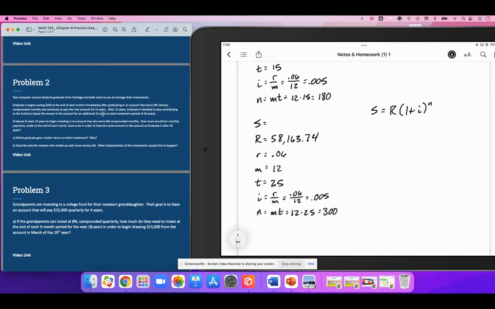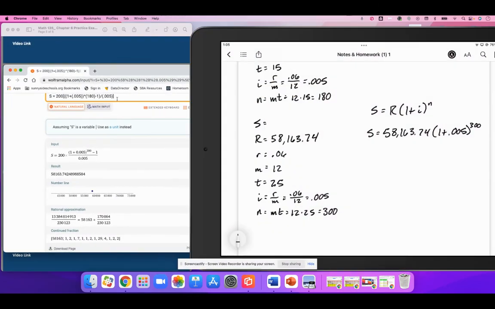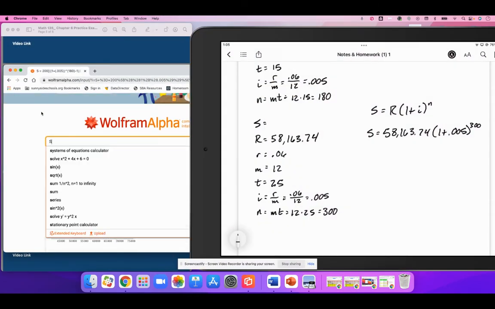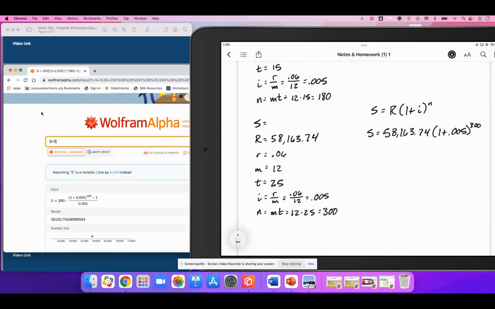Something tells me that the value of this money is going to explode. So we are going to have S is equal to $58,163.74 times 1 plus 0.005 to the power of 300. So back here with our compound interest formula this time.